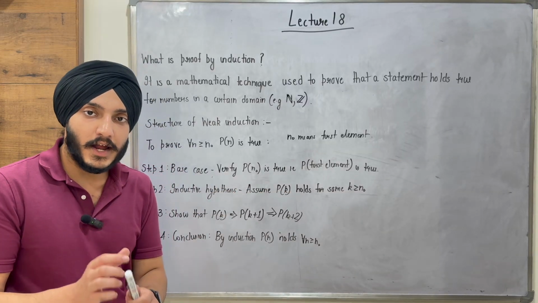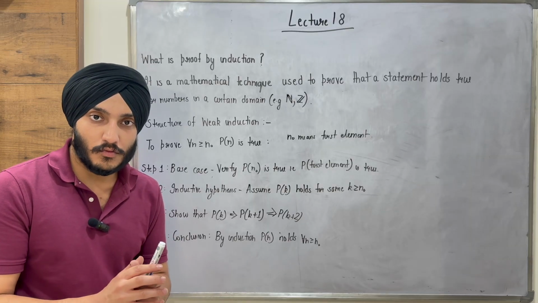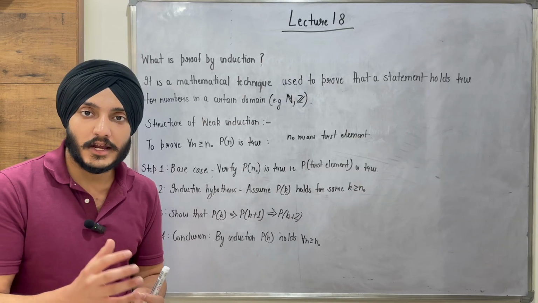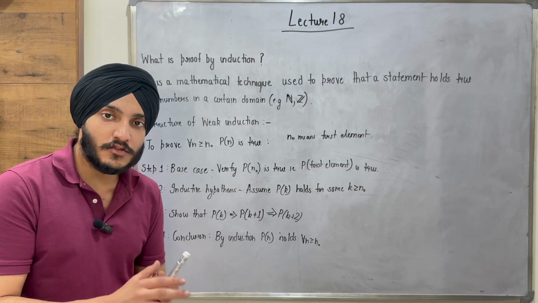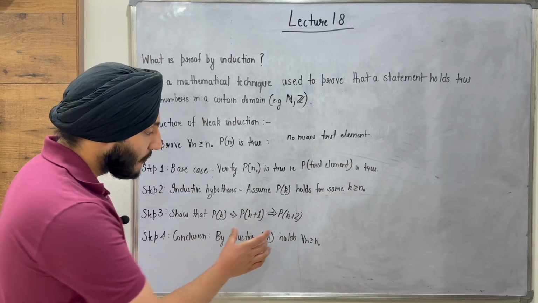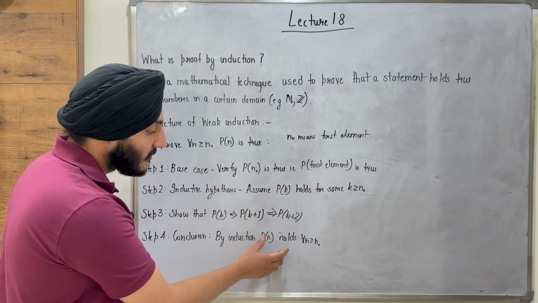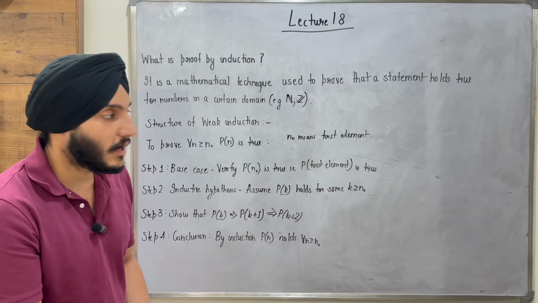In the third step, I'm supposed to prove that if Pk is true, then Pk plus 1 is also going to be true. If I prove this case, that is where I've created the domino effect, proving that the statement Pn holds for all the numbers.